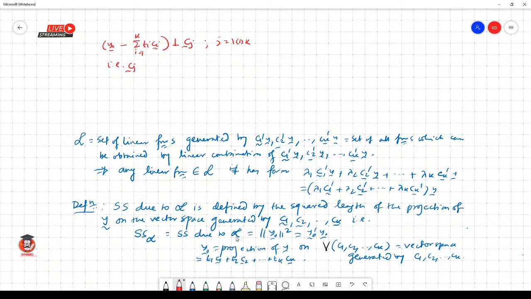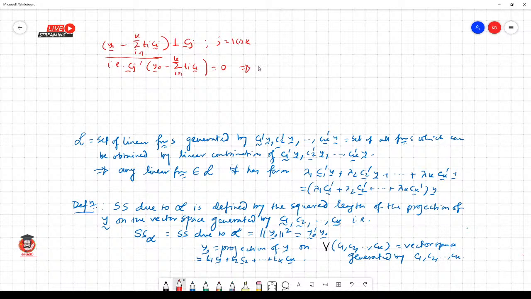You know this thing because y naught is this, that means y naught minus this vector belongs to the orthogonal complement space of V. So this is Cj prime y naught curl minus the sum over i from 1 to k of ti ci curl equal to 0.